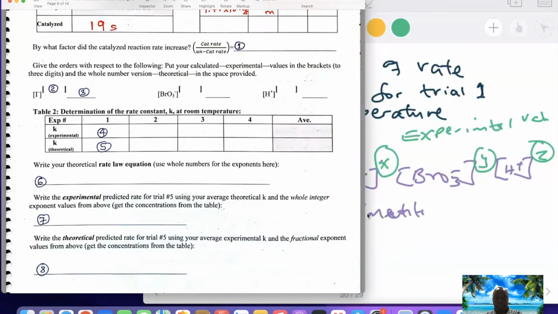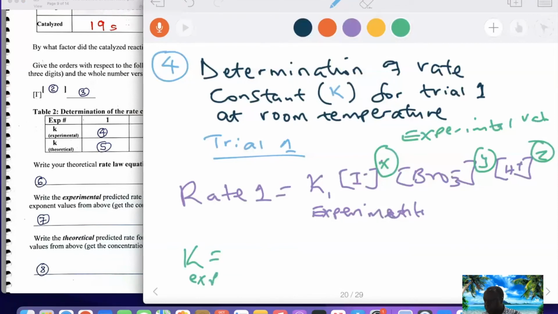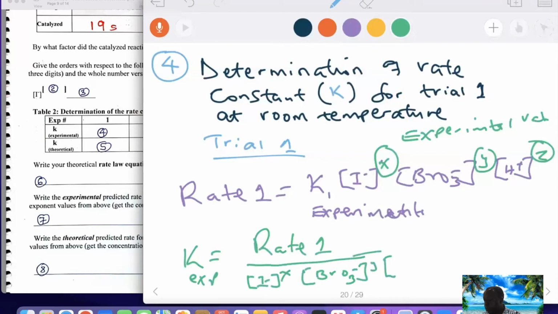And remember, K equals, and this is experimental, rate 1 for trial 1 over the concentration of iodide raised to the experimental value, times bromate ion raised to Y, times the concentration of H plus raised to Z.